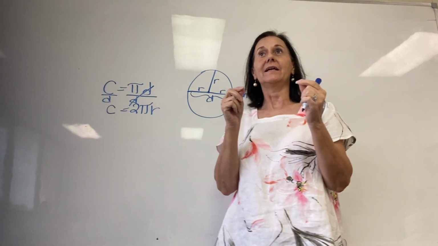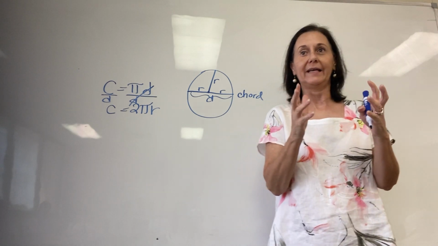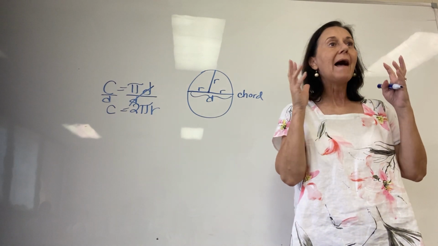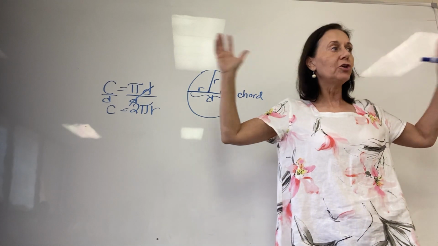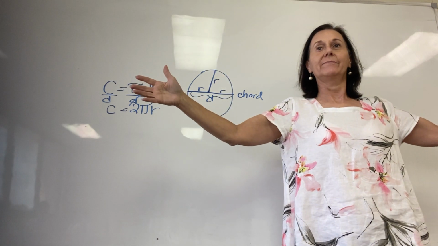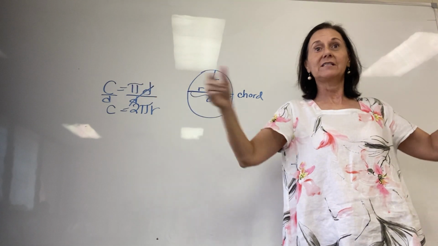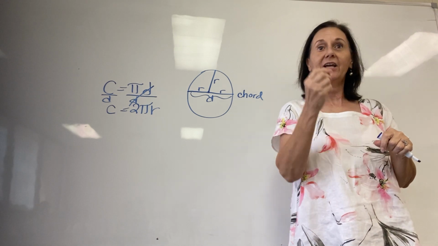Isn't that amazing that our world, creation, is so orderly that no matter how small or how huge the circle is, the value of pi is always the circumference divided by the diameter. It is a constant.